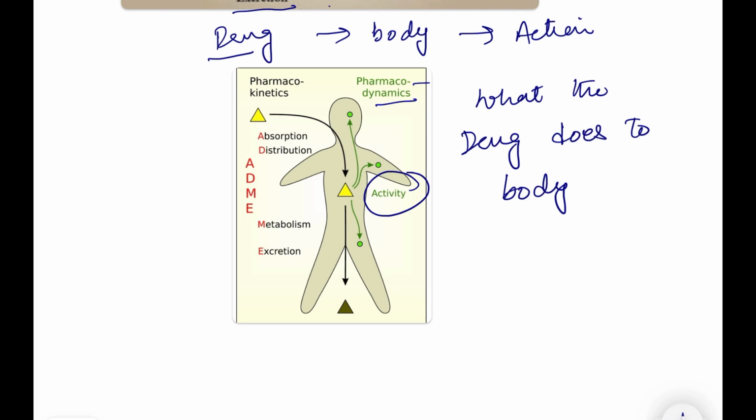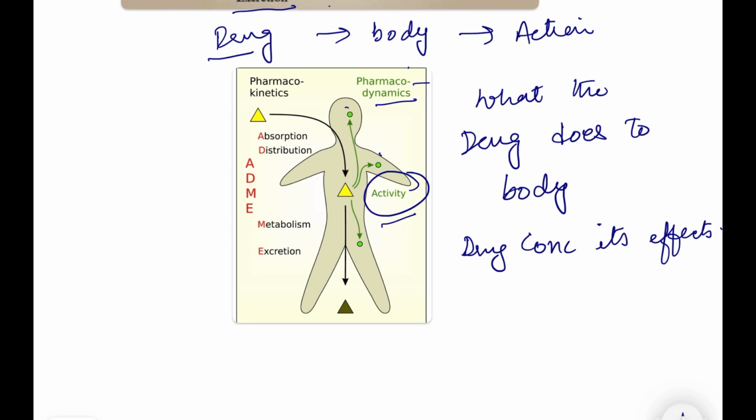So it got absorbed. Is it going to the brain? Is it going to show effect in the blood? Basically, the mechanism of action of a drug is pharmacodynamics, right? So the relationship between the drug concentration and its effect is your pharmacodynamics.